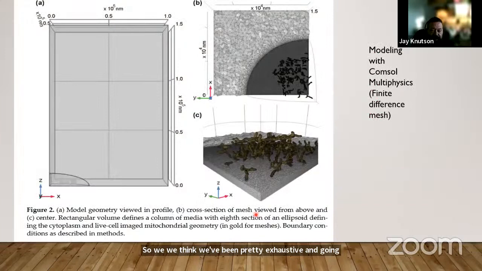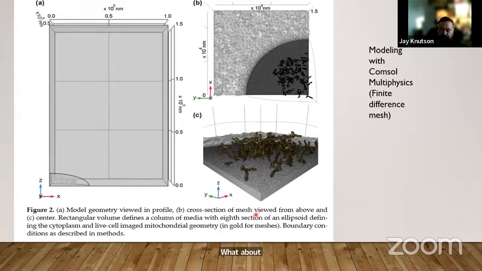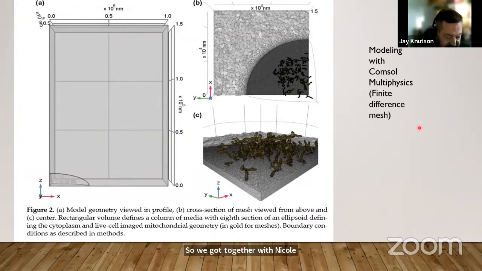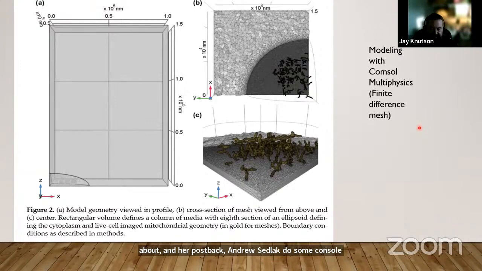The one remaining worry was, what about Z gradients? What about gradients out in the media, not just in the cell? So we got together with Nicole Morgan, who makes the kind of pattern substrates that Michelle was talking about, and her postdoc, Andrew Sedlak, to do some COMSOL modeling of diffusion of oxygen in and around cells.